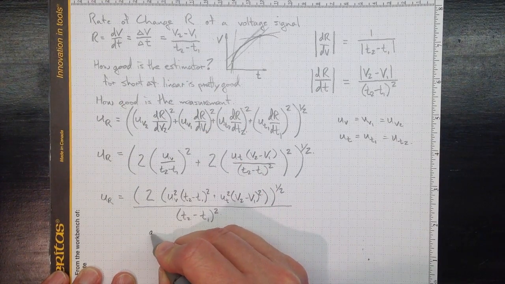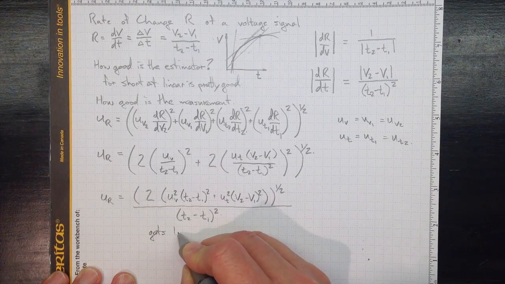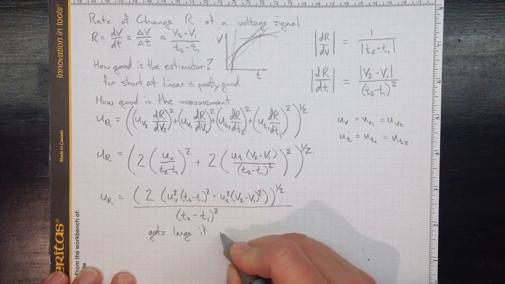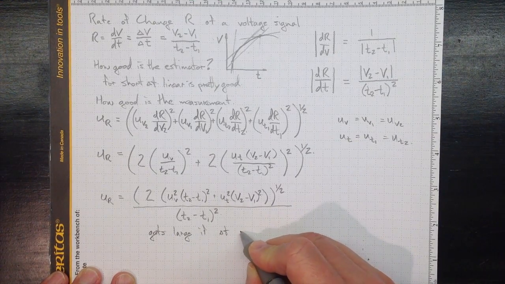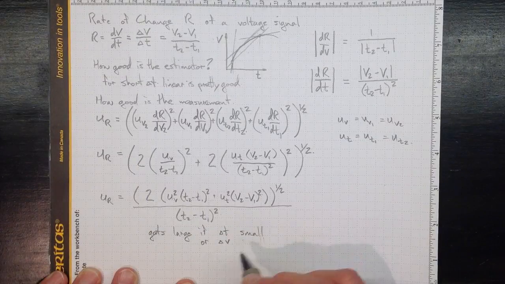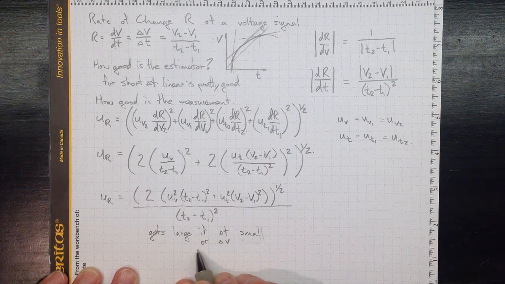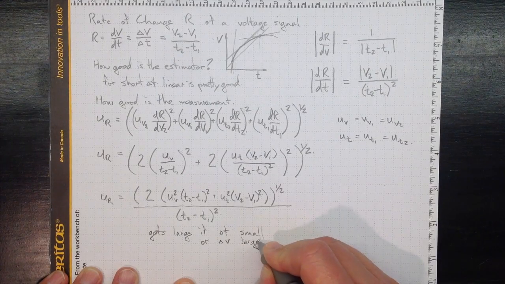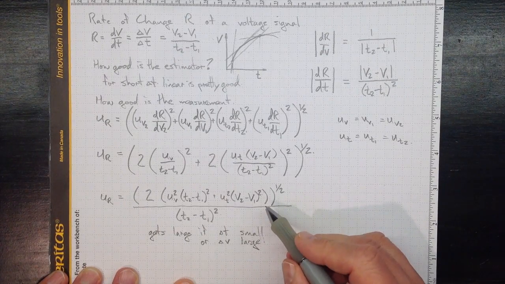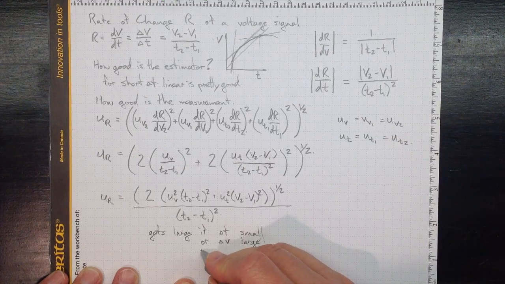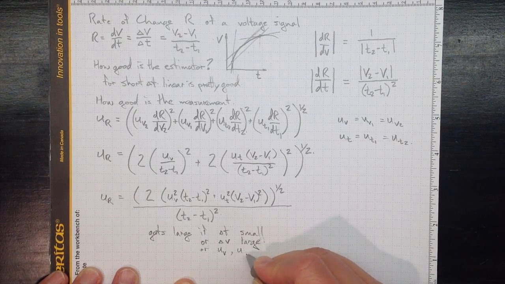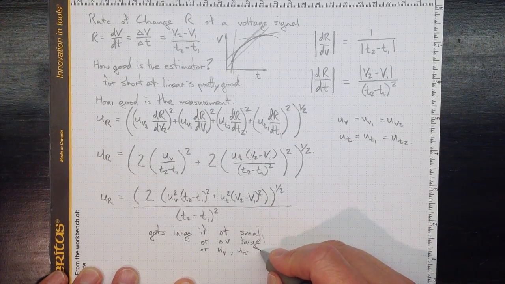So this uncertainty gets large if delta t is small, or if delta v is large. Or, of course, if either of the uncertainties in either the voltage or the time scale are large.